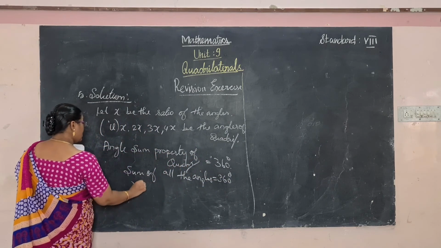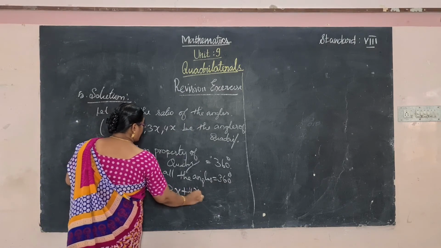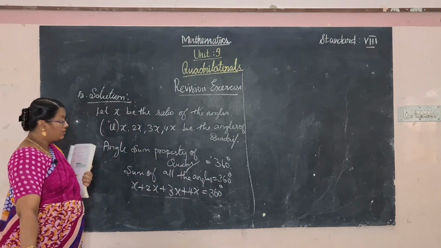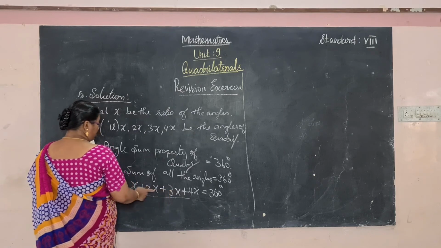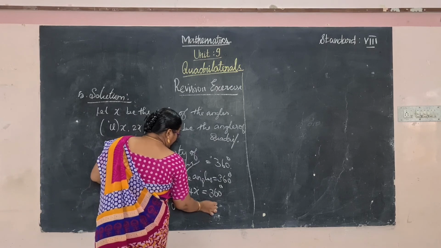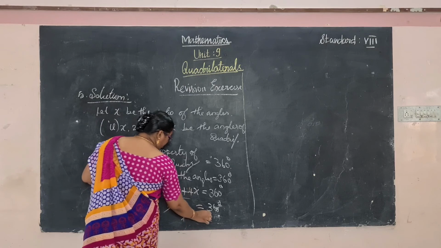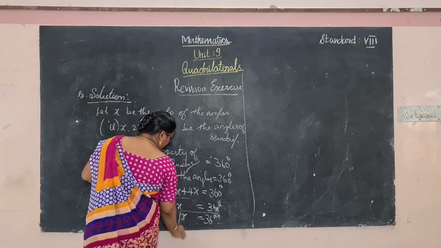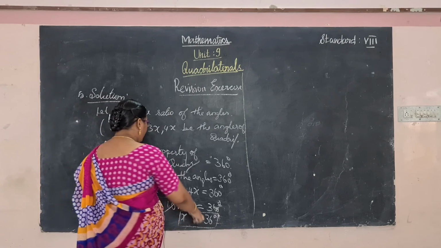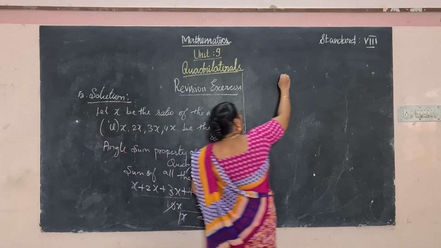So what are the values? x plus 2x plus 3x plus 4x is equal to 360. Add these, these are the like terms. So we add 7 plus 3, 10x equal to 360 degree. So x equal to, we cancel, 36 degree. What is asked? Find the measure of each angle. So first we find the one angle x. Now we calculate the other three angles.